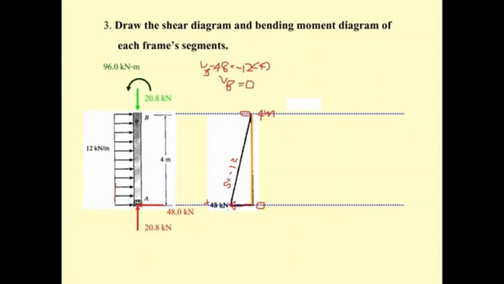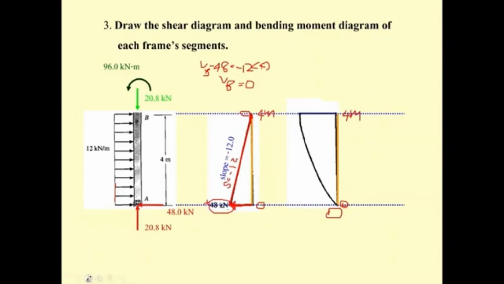That's proof. And then for the moment, there is no moment at A. So the moment at A starts here at 0, and this is going to be 4 meters. However, we have the shear here. So when it starts here, dM/dx, the slope here, is going to have some value.